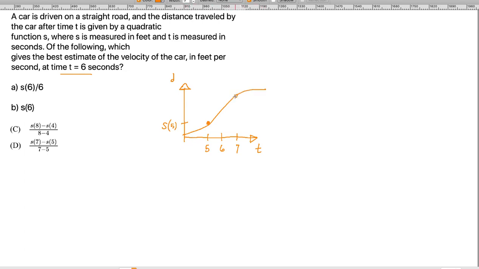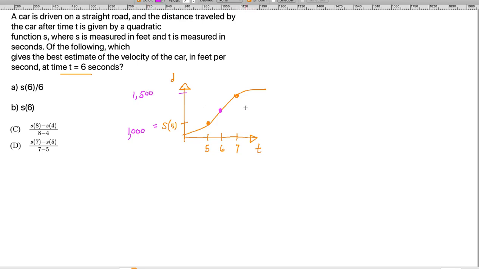If I want the best estimate for how fast the car is moving at exactly t equals 6, imagine s of 5 being some value, maybe 1,000 feet, and s of 7 being, for argument's sake, 1,500 feet.